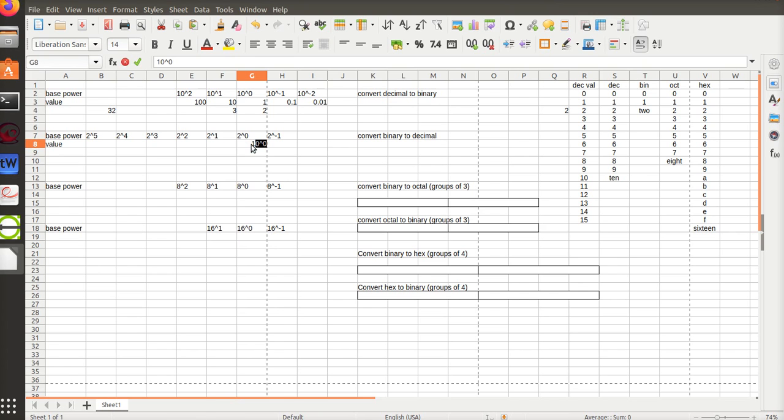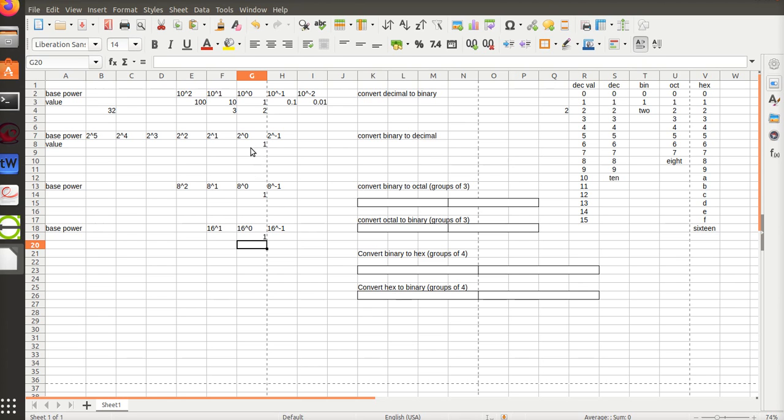So 2 to the 0 is 1. 8 to the 0 is going to end up being 1. And 16 to the 0 is going to end up being 1.